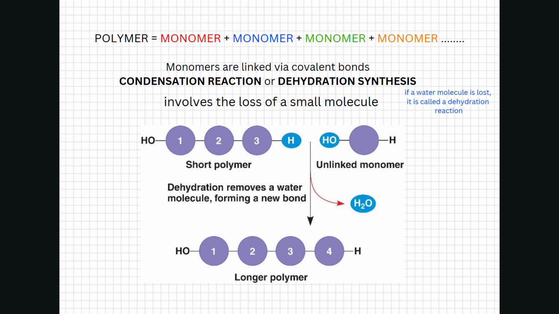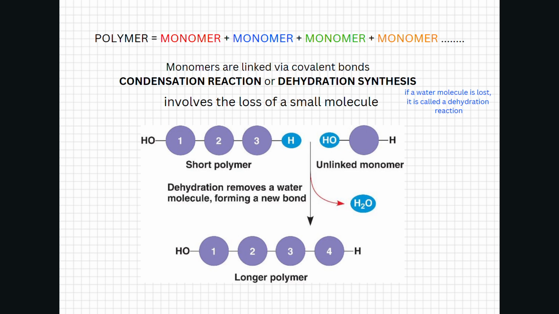We're losing water. That is our small molecule that is being lost. Because the water leaves, that allows the unlinked monomer to covalently bond to monomer 3, which is already part of the polymer, and they join via a covalent bond. We don't know what kind of macromolecule it is, so we don't need to specify the type of covalent bond. For now, we'll just say covalent bond.